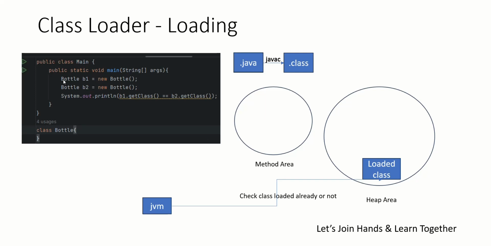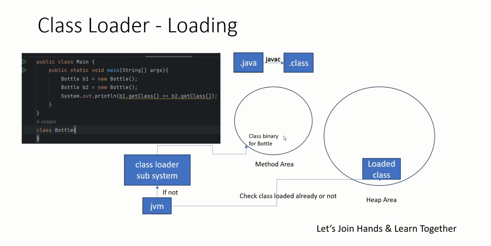Then it requests Bottle, and when the JVM checks the heap area, it couldn't find the Bottle class. So it will request the class loader subsystem to load the Bottle class. The class loader subsystem will try to find the Bottle class from multiple places, and it will load it into the method area as a class binary.